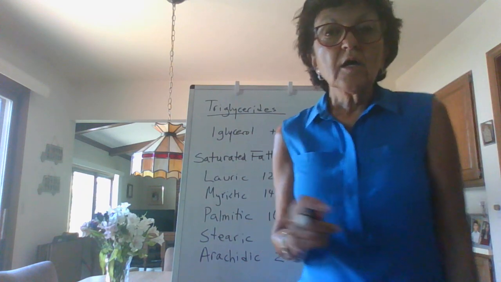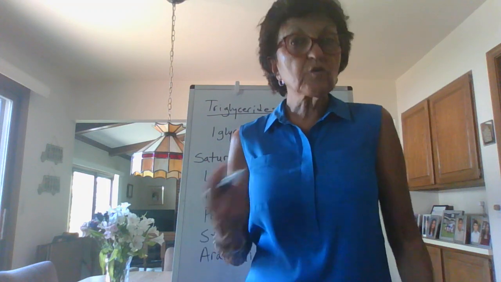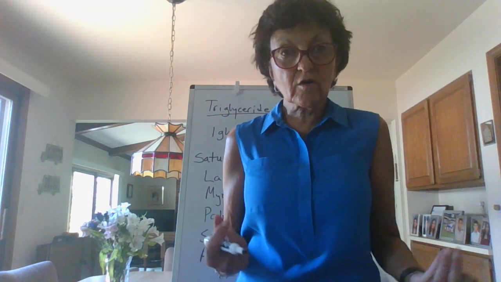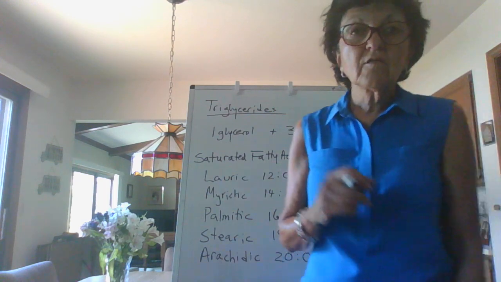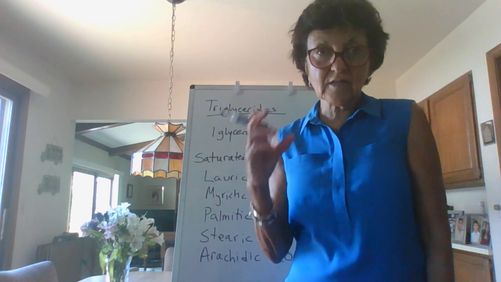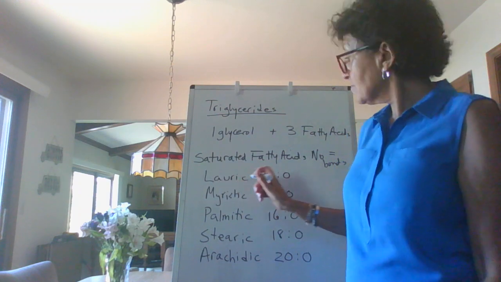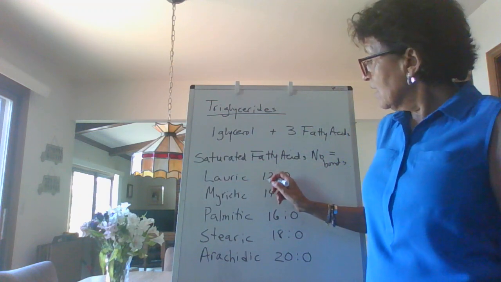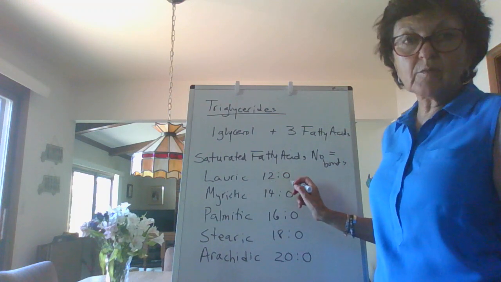Okay? The fatty acids that we need to know, be able to recognize the name and the structure, are these. These are the ones that you need to know under the category of saturated fatty acids. So, lauric acid, what does this mean? It means that it has 12 carbons and no double bonds.